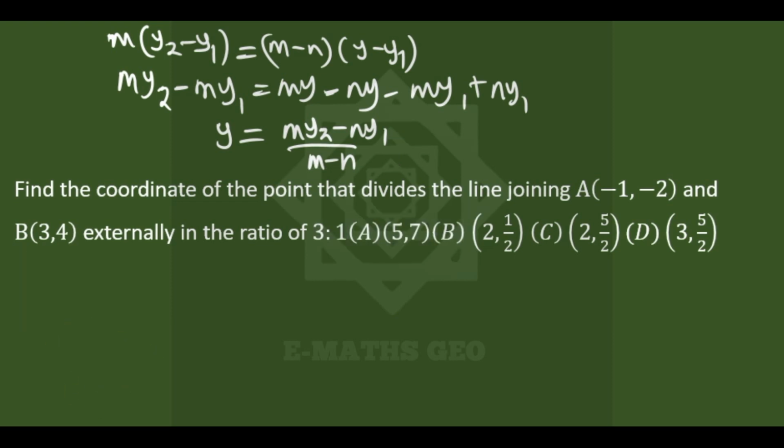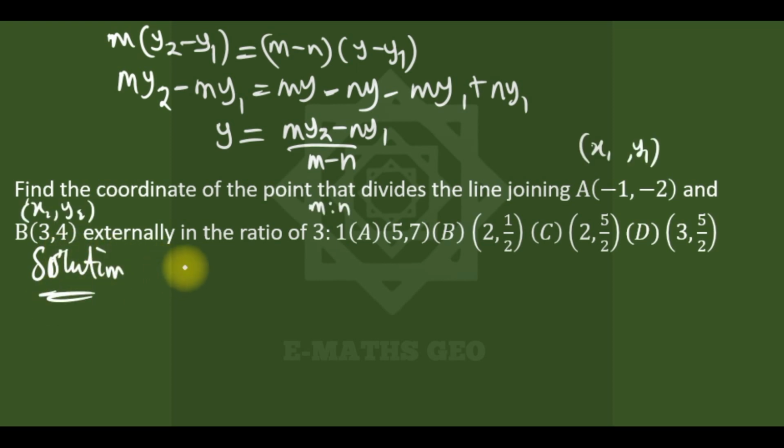For the x coordinate of the point, our m is 3, so we have 3 times x2, which is 3, minus n, which is 1, times x1, which is minus 1, over 3 minus 1. So we are done with the x coordinate.